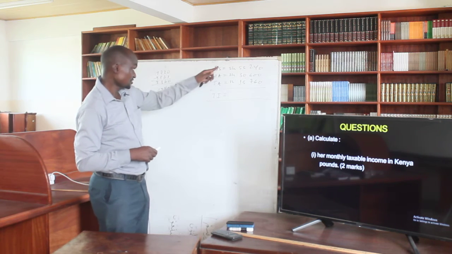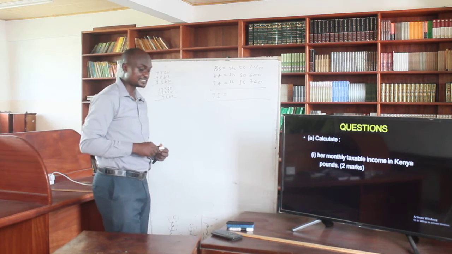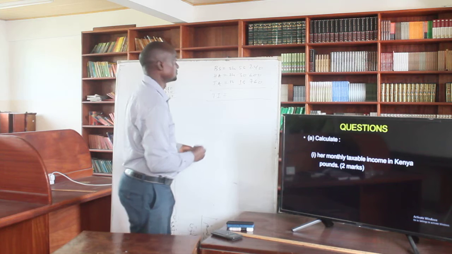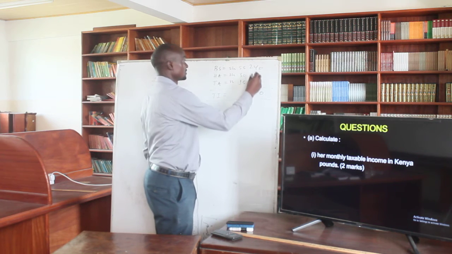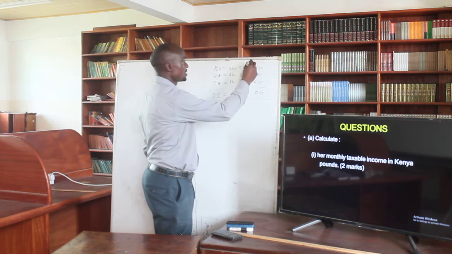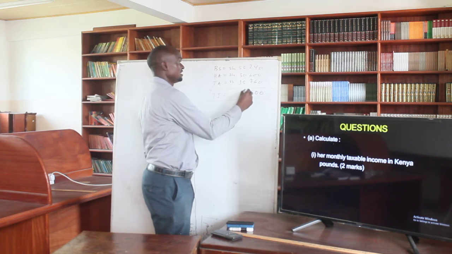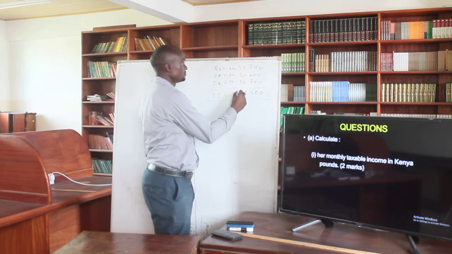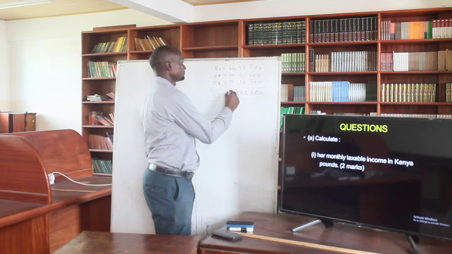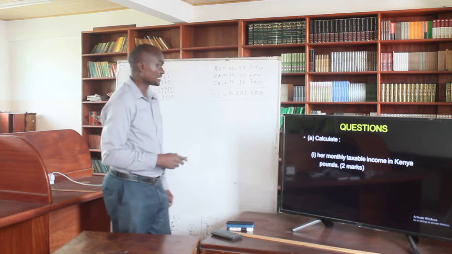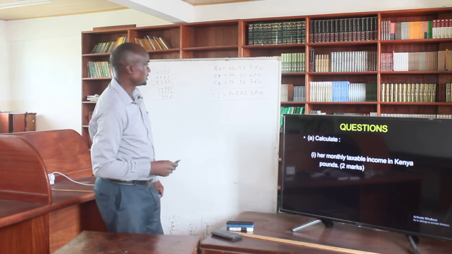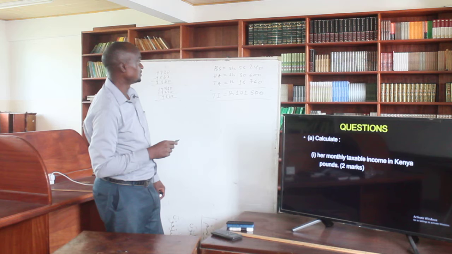So, let's get the total here. That will give us the taxable income. This should be 0, carry 1. This should be 15, carry 1. This should be 11, carry 1. This should be 8, 9, 10. 101,500. 0, 0, carry 1.